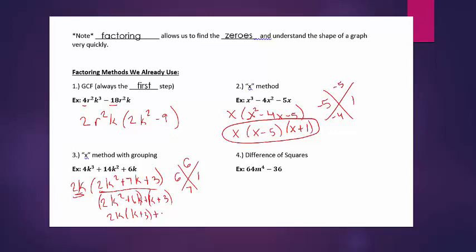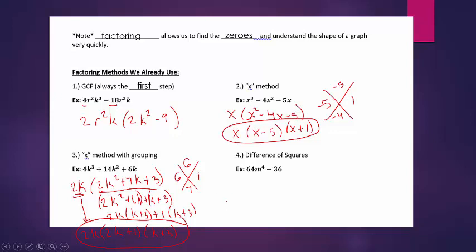If you don't see one, it's 1. So this is going to factor into 2k plus 1 times k plus 3. And we just don't want to forget our GCF that was out front the entire time. We just keep copying it. So that is completely factored.